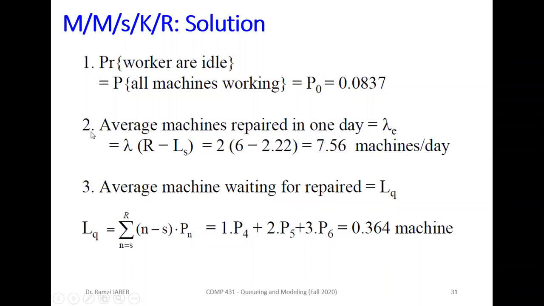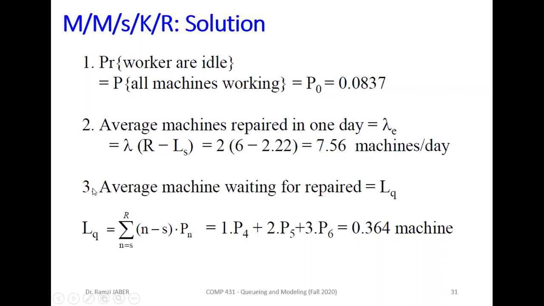Second question: average machines repaired in 1 day, lambda E. We have lambda E equal lambda times (R minus LS). Lambda equal to 6, LS already calculated in the table as 2.22, equals 7.56 machines per day. So the average number of machines repaired is 7.5 machines per day.